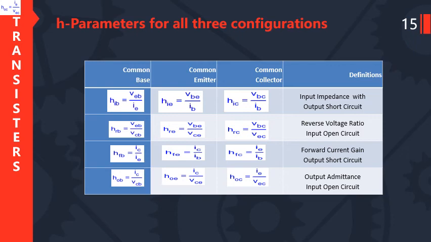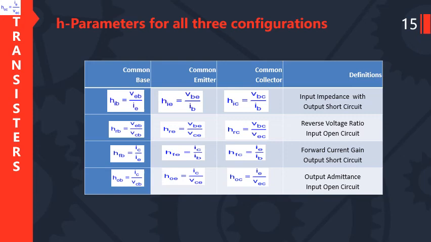Next हम देखते हैं फॉरवर्ड करंट की. So HFB is equal to IC by IE in common base. HFE is equal to IC by IB in common emitter, and HFC is equal to IE divided by IB in common collector.